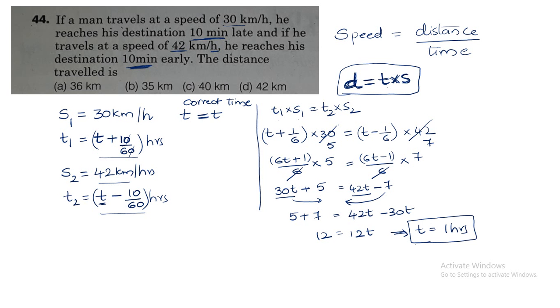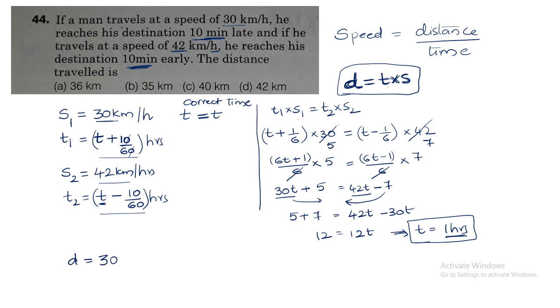Then finally I can find out the distance. Since I am asked to find the distance, distance d is equal to time into speed. So the actual time to reach the office or the destination is 1 hour. But here I need the distance, right? I know one of the speeds, so directly I can take the first speed.